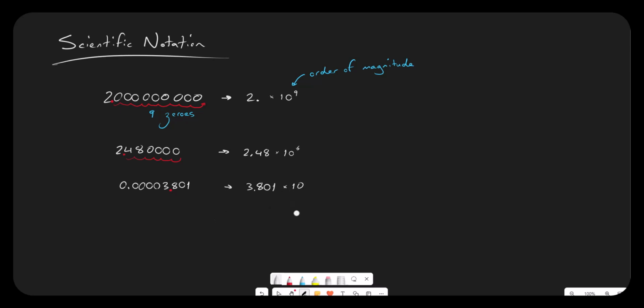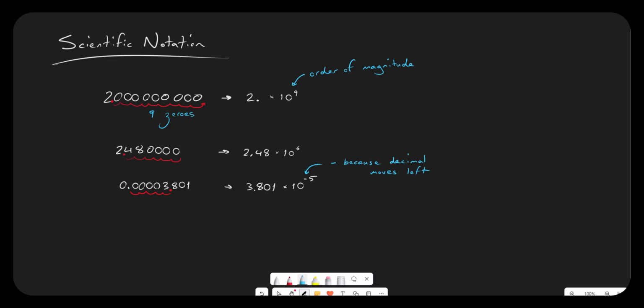I'm going to have times 10 to a power. I had to move the decimal to get it back to where it was. 1, 2, 3, 4, 5 spots. I'm going to have a -5, and it's negative because the decimal moves to the left.